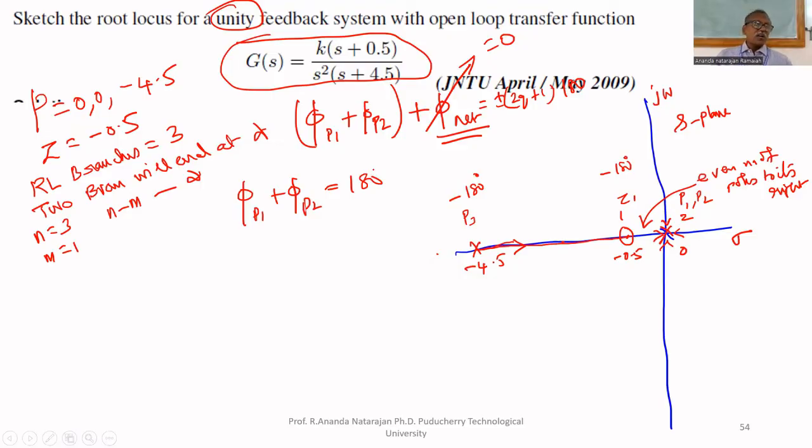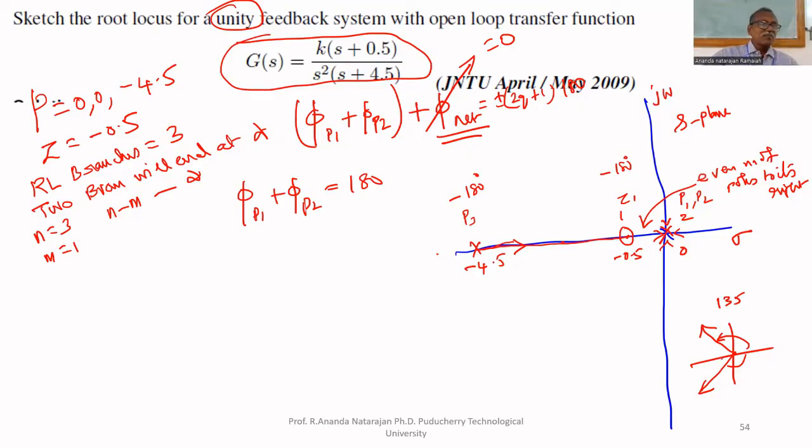But the first rule says the root locus is symmetrical about the real axis. Let us assume this is the origin. If the root locus comes out at this angle, say 135 degree, then at this other angle it will be minus 135. If you add these two, what you will get? 0.